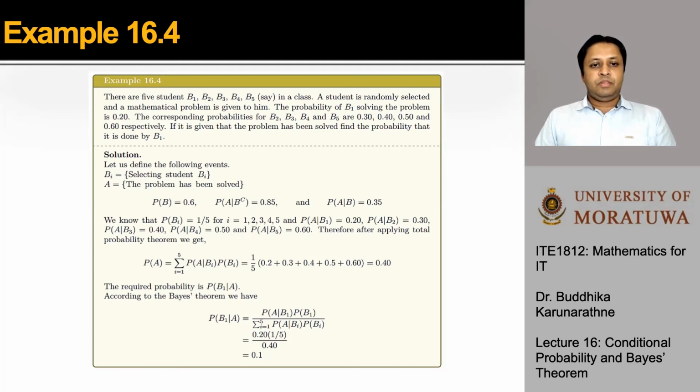Now, we know that P(Bi) is equal to 1/5 for i equal to 1, 2, 3, 4, 5 because we have 5 students.